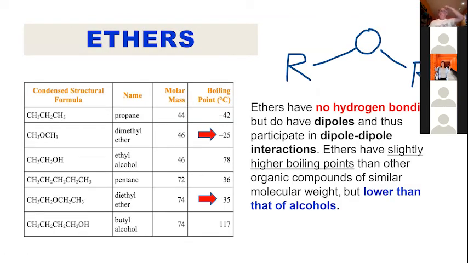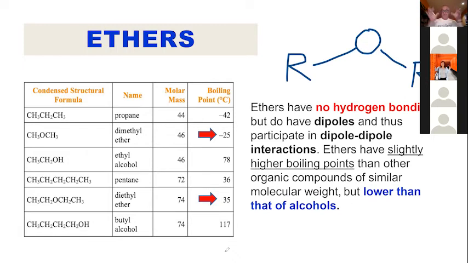So ethers. As I mentioned, ethers don't have any other groups bonded to the oxygen except carbons. So it has a carbon group on one side and a carbon group on the other side. It can't hydrogen bond because there's no hydrogen attached to the oxygen. They do have a dipole because we've got oxygen, and this is going to be bent, right?